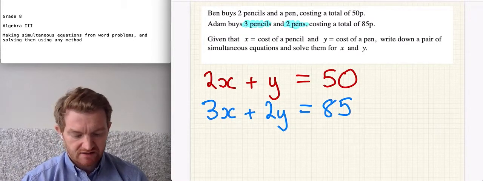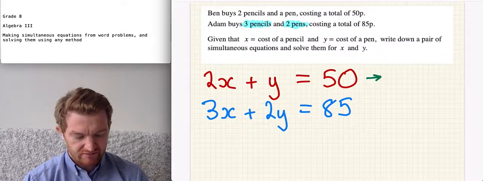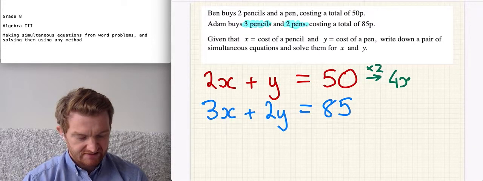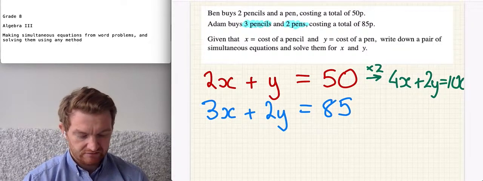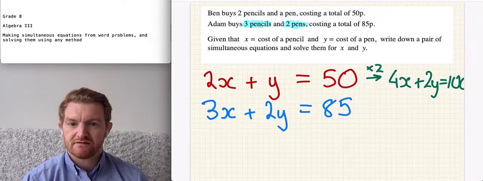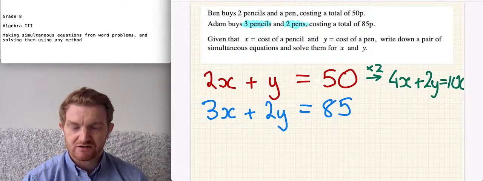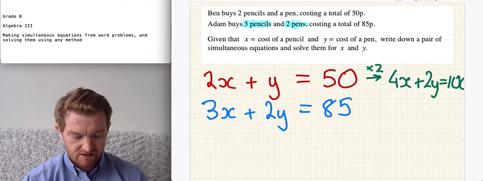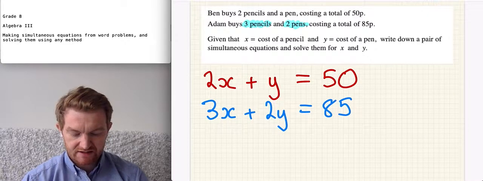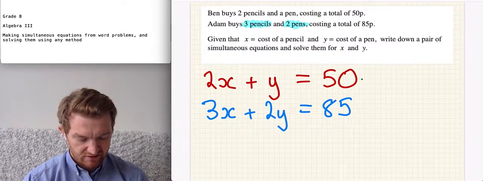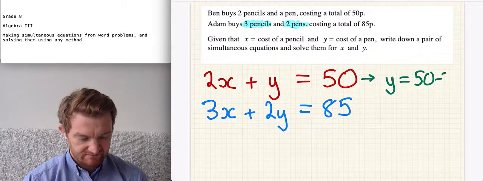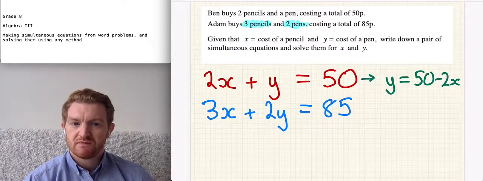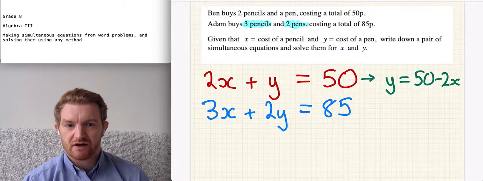Some of you might decide that you want to take this first equation and multiply it by 2 to get 4x plus 2y is 100, so that you can do the elimination method by subtracting the 2 y's, and that's fine. Some of you may look at this and say there's a single y, so you want to change it to y equals 50 minus 2x to do the substitution method, and again, that's absolutely fine.